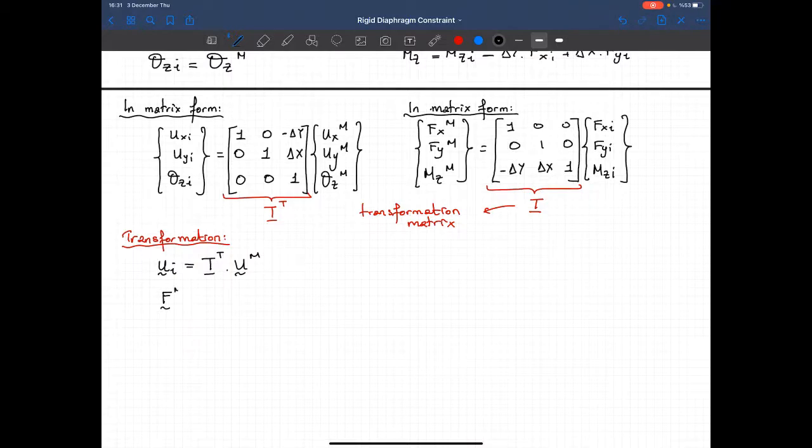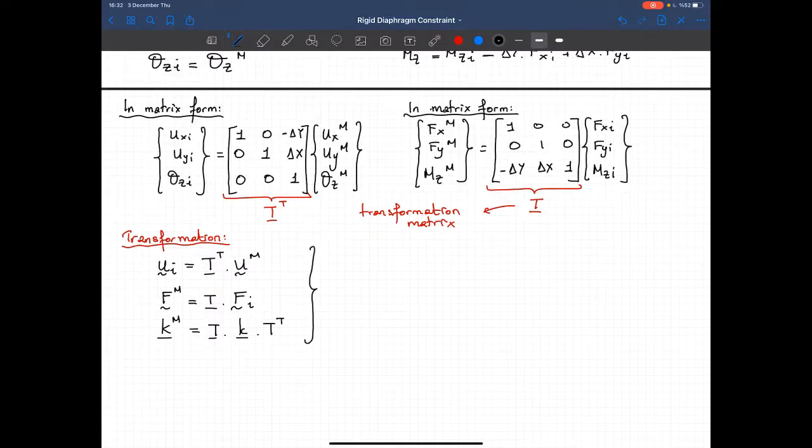If you have any loading applied to a particular degree of freedom, you can transfer it to the master node with the following transformation: T multiplied by F. So that's the way we transform the unbalanced forces. And the stiffness matrix written with respect to the master node is equal to T times K multiplied by T transpose. And you repeat it for every node, and then whatever you find, you assemble it to the stiffness of the master node.